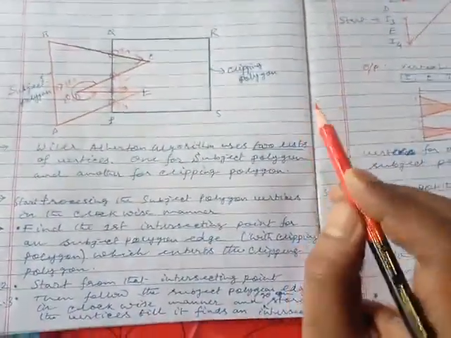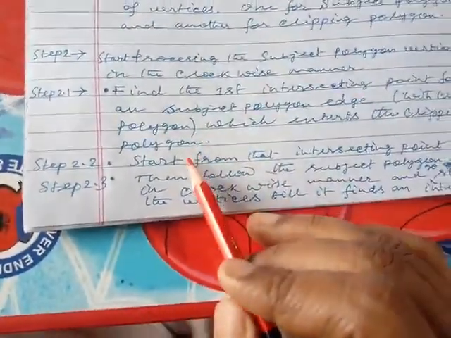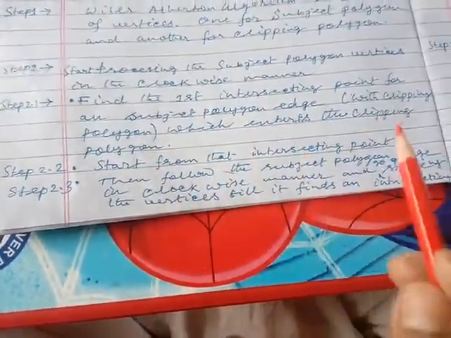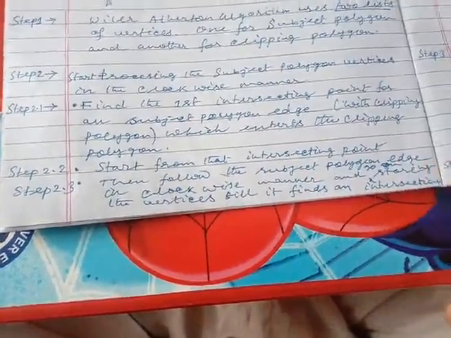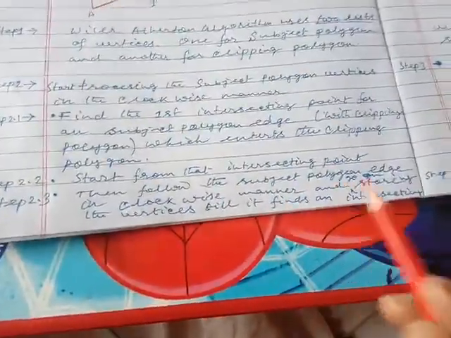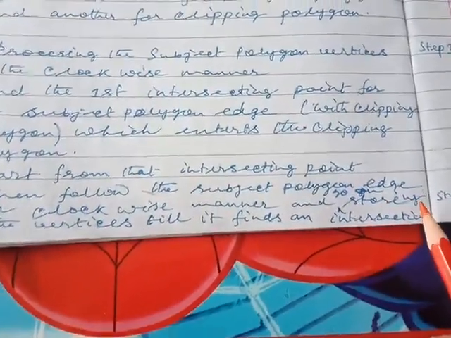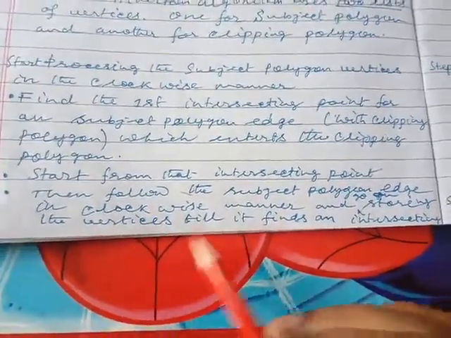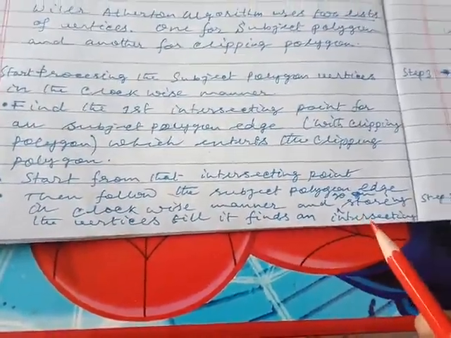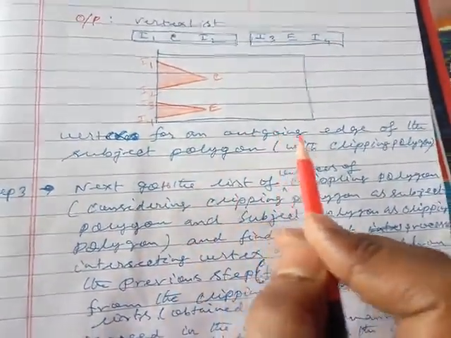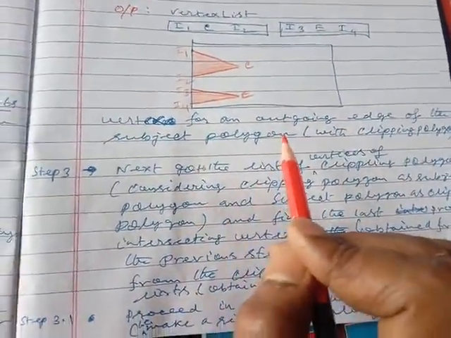So I1 will be stored, and once it is detected, starting from that intersecting point, we follow the subject polygon edge in clockwise manner again, and go on storing the vertices till it finds an intersecting vertex for an outgoing edge of the subject polygon.